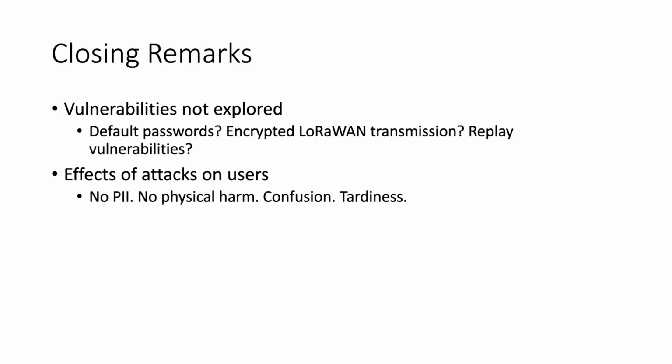You can then resend that packet yourself to the gateway, and the gateway has no way to know that the packet isn't coming from the sensor because it's just being sent over the air. And so it will receive that packet and perform that action again. You could use that in order to take control of the system. I didn't really explore that very much. I just wanted to point out that's one of the possible vulnerabilities here.